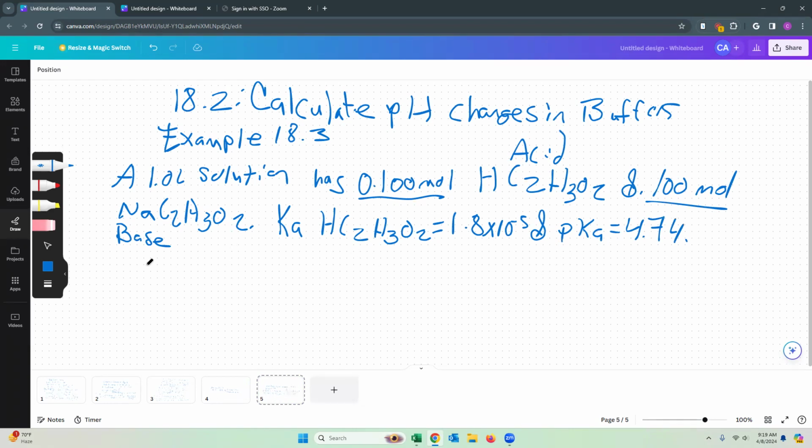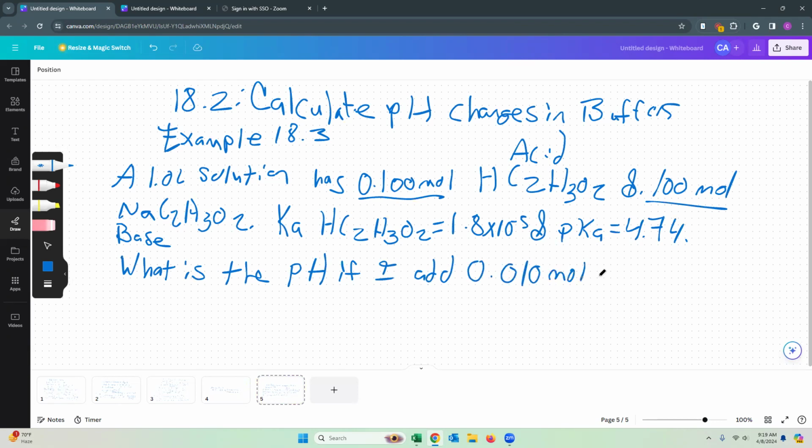And the question is, what is the pH if I add 0.010 moles of NaOH? All right, so we have to figure out the pH.